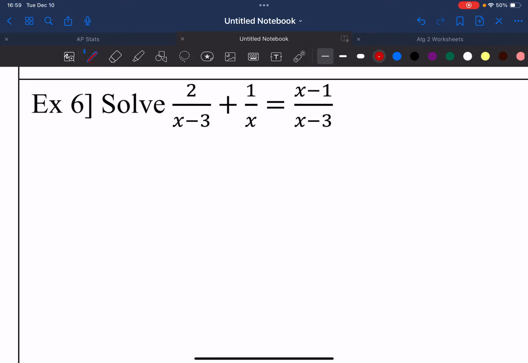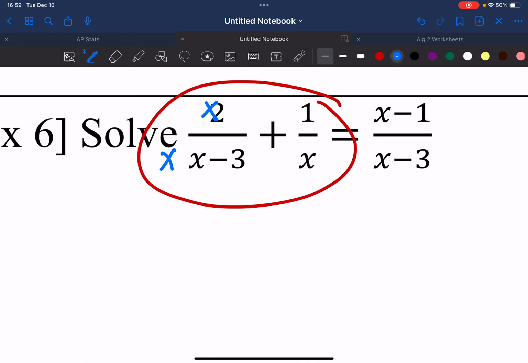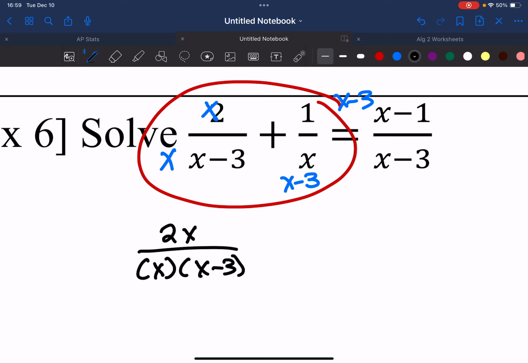So first, I have to get like terms on this side by multiplying by the opposite denominator. So this side by x, this side by x minus 3. So I get 2x over x times x minus 3 plus x minus 3 over x times x minus 3.